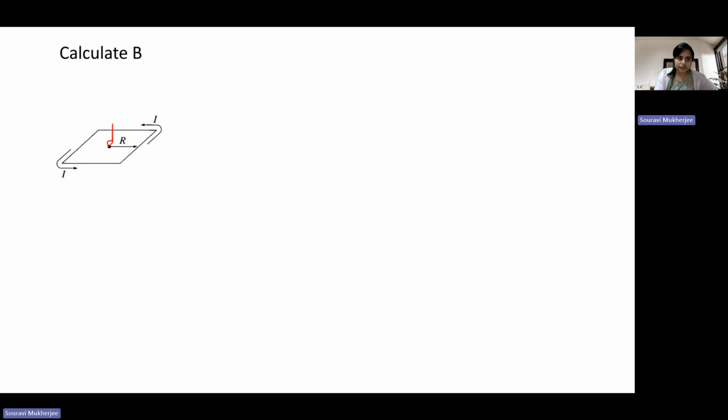You can consider four individual line segments. Each line would subtend 45 degrees on the two ends, and you have four such line elements. So basically z is equal to R, theta 1 equal to minus theta 2 equal to 45, and you have four sides. First you find it for one such side and then multiply by 4.